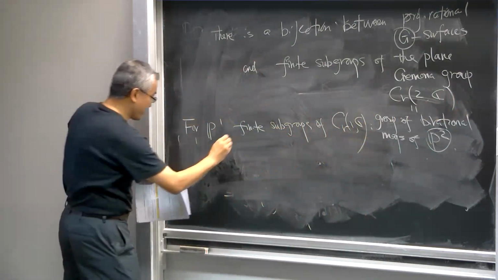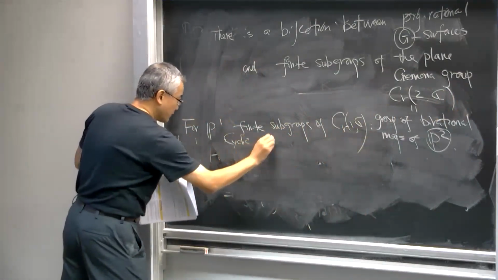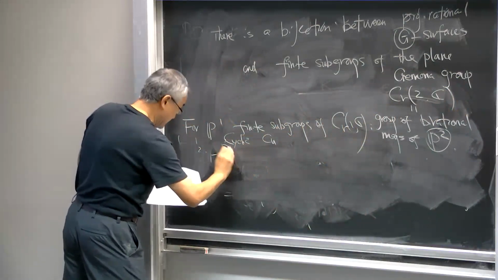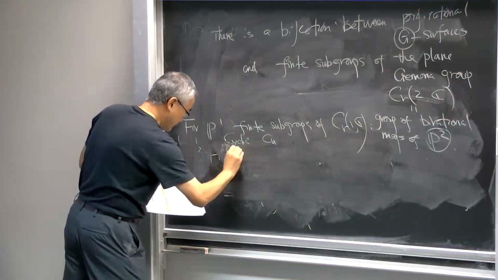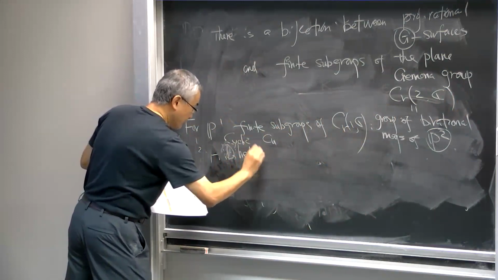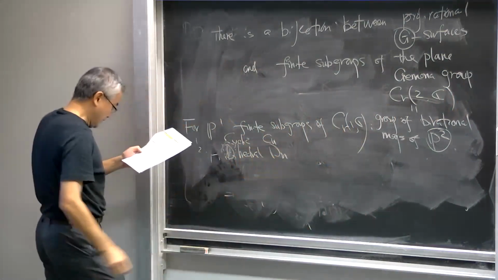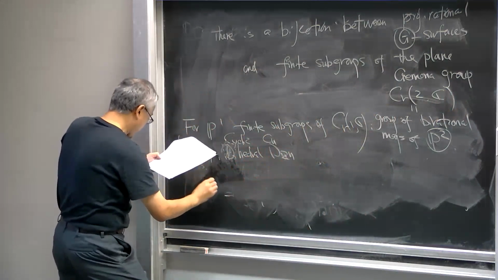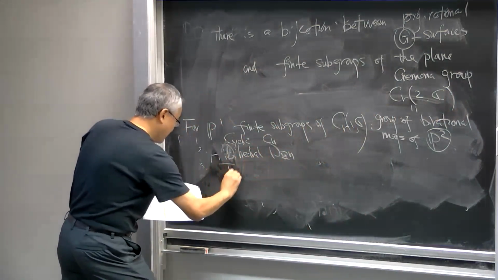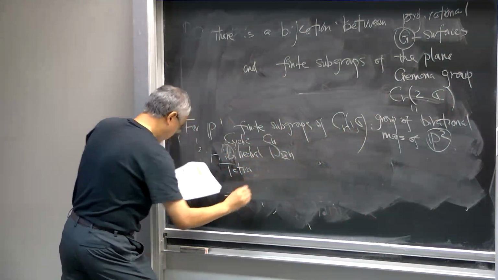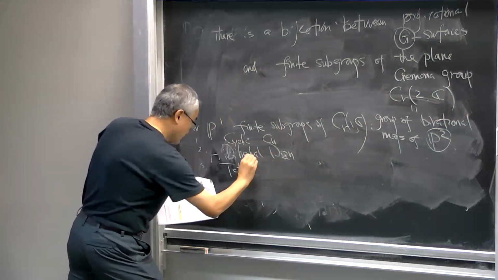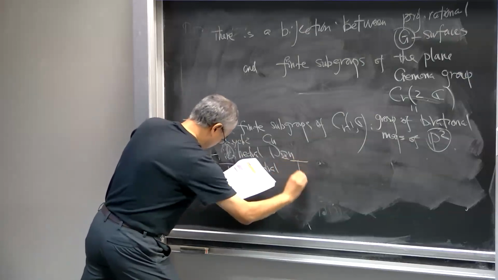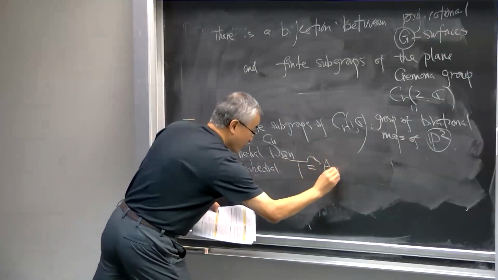So you have the cyclic group, the dihedral group, D2n, and the tetrahedral group, which is isomorphic to A4.